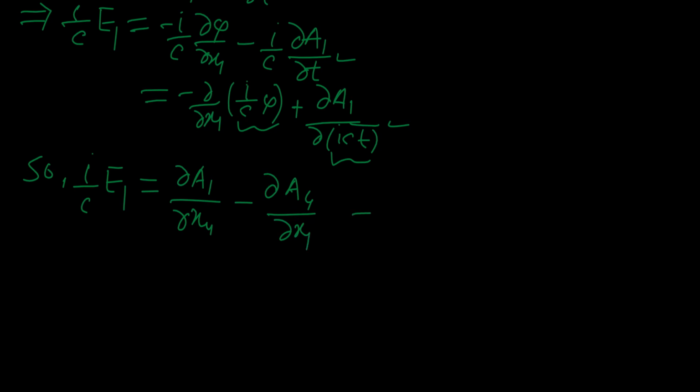Say this is A. I have just found the first component, that is the x component of the electric field vector, in a particular fashion, by multiplying it by the factor i over c, in terms of the 4-vector potential components A1 and A4.